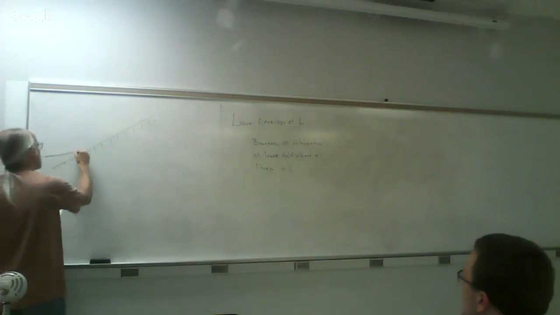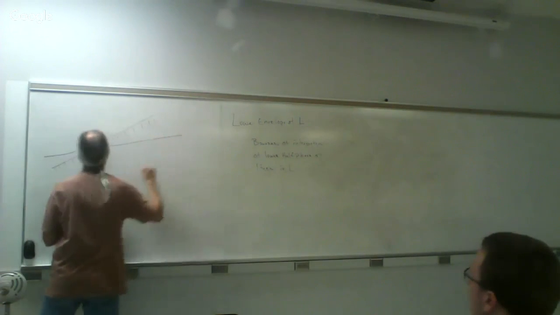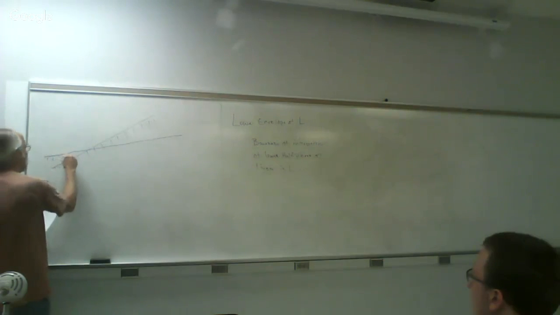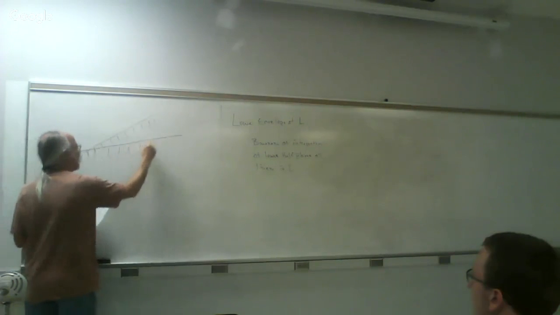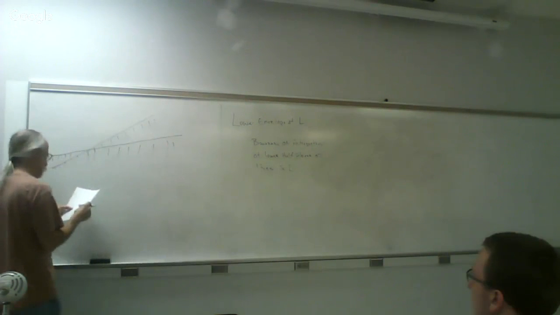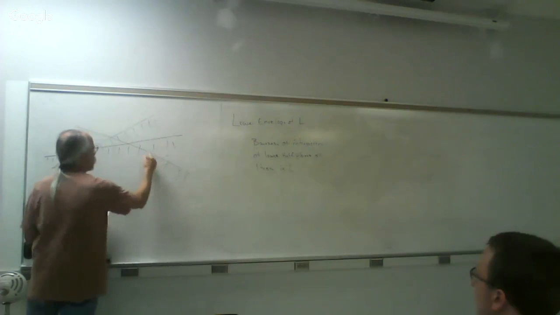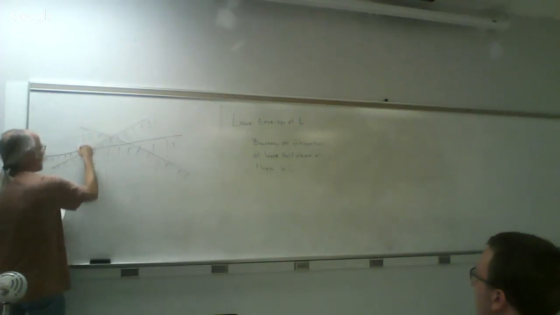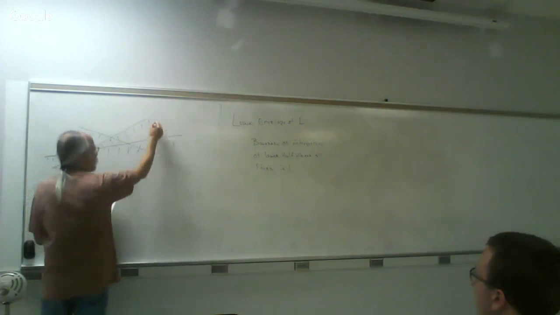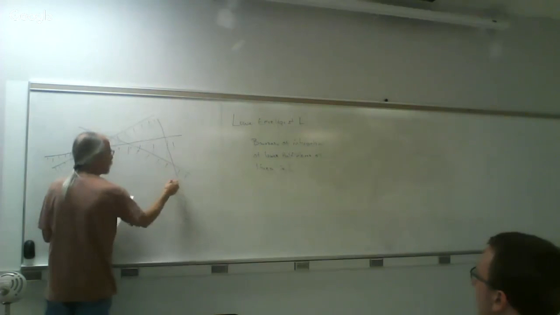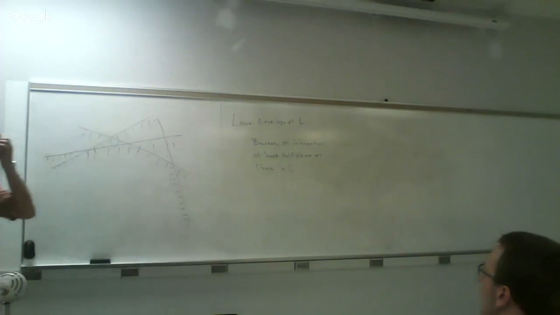Here's another line and its lower half plane, and another one and its lower half plane. You can see how it's getting atrociously messy. And here's another one and its lower half plane, the stuff that's technically below it. So there's an intersection of a set of half planes.